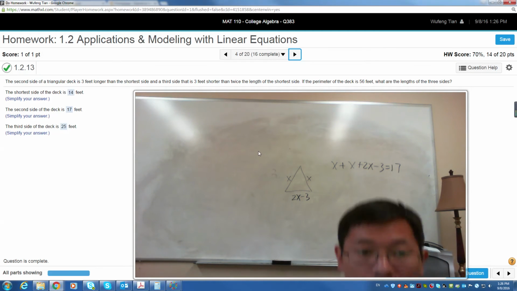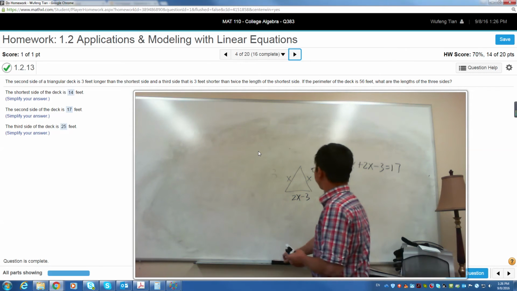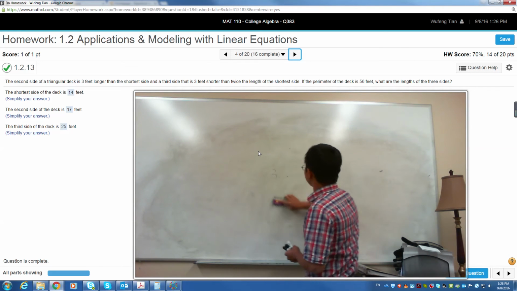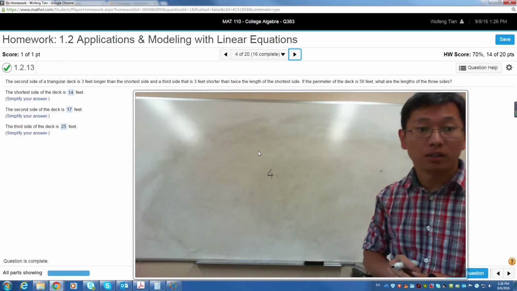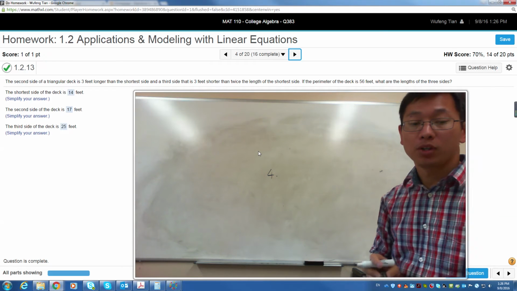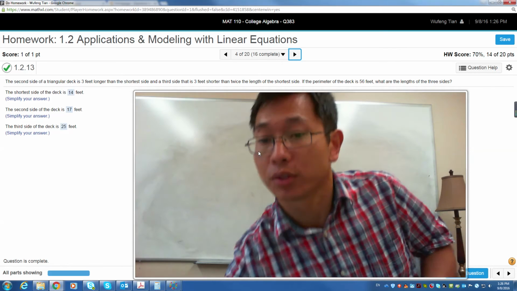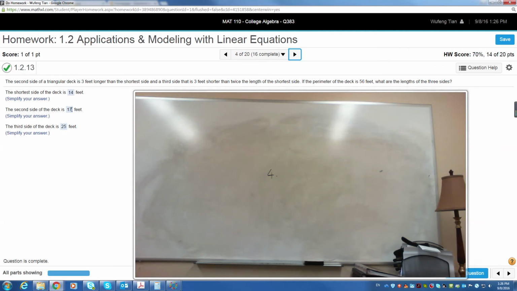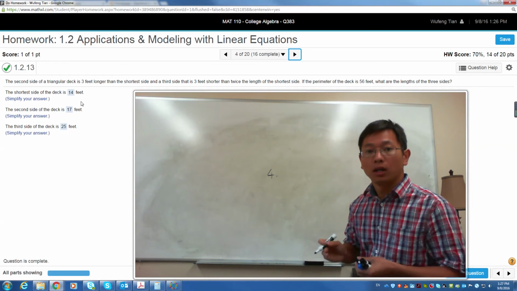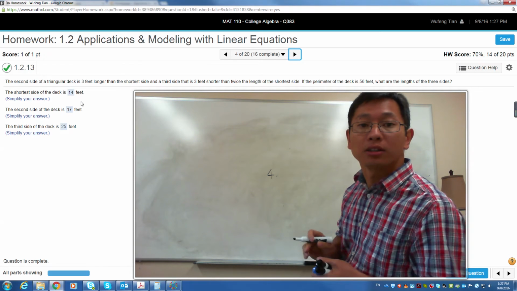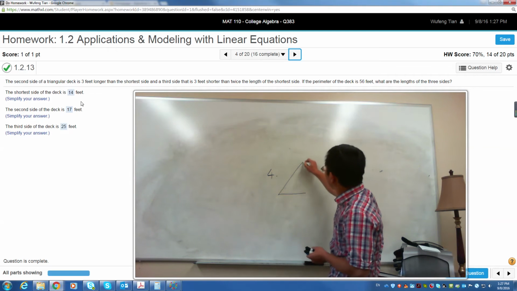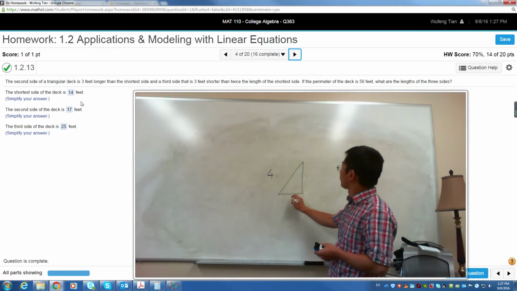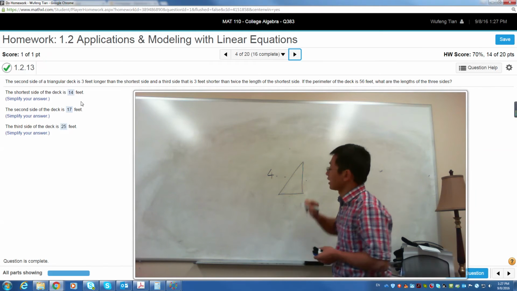Number 4. You can see the answer is already on the page, even though I didn't solve it, so it still has the right answer right here. The second side of a triangle is 3 feet longer than the shortest one. So basically we have another triangle: this is the smallest one, this is the longest one, this is the second one.